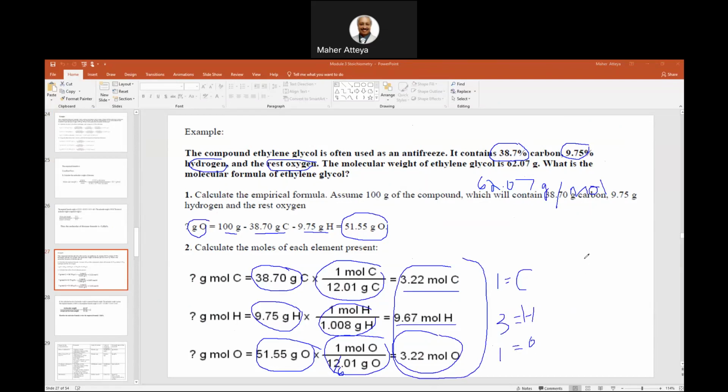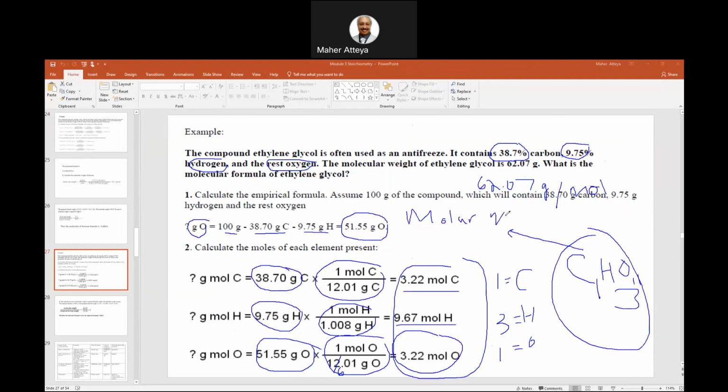Did I put this one here? C1, H3, O1, correct? Now from this here, by the way, I have to get the mole. That's the empirical formula. What is the molar mass of this, or molecular weight, molar mass?